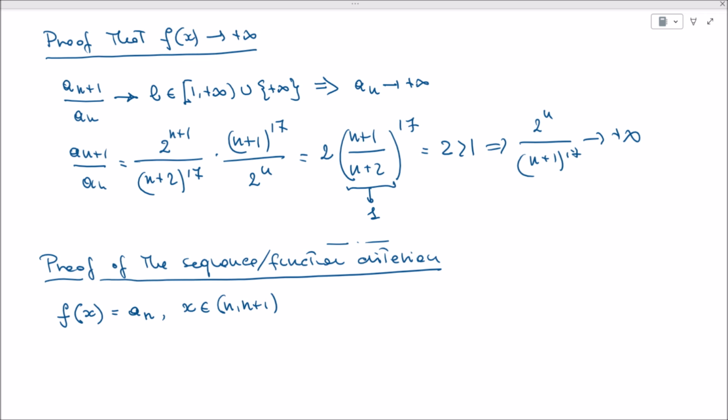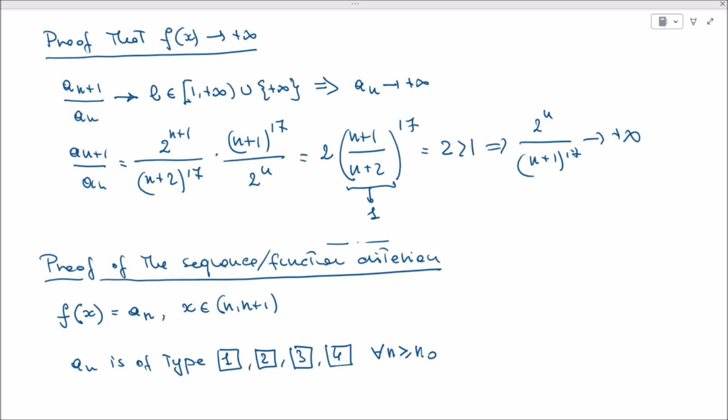Now, of course, if a_n is of type 1, 2, 3, or 4, and this of course happens for every n larger than or equal to n0, it is basically sufficient to see what happens. Remember that we are dealing with the limit as x goes to plus infinity, so we are just looking at the behavior of the function definitively.